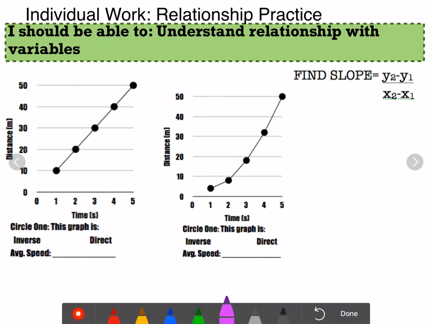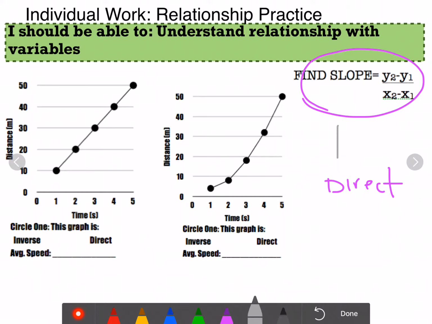Going along here for our individual work, I wanted us to discuss the slope. Slope is really important within graphing. And then also relationships. These are two new words for you: inverse and direct. A direct relationship with graphing is a graph that goes straight up like that.